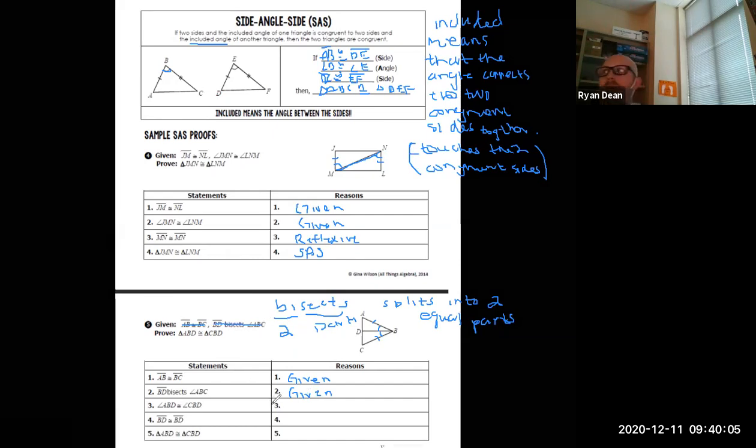The next step is going to be applying the definition of bisects. That's where angle ABD, this one right here, is congruent to angle CBD. So this one is going to get the definition of bisects.